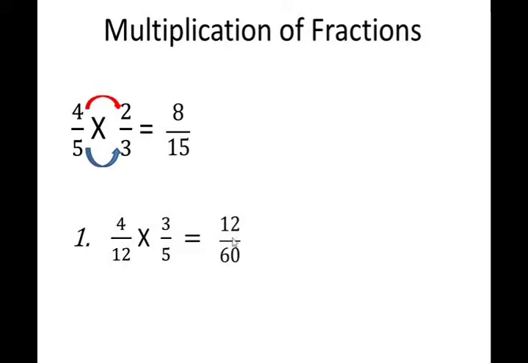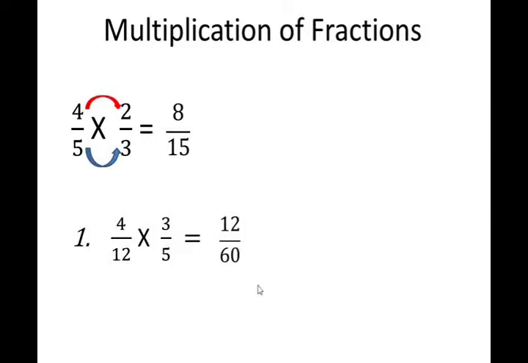Remember, when we simplify fractions, we are dividing by a common multiple. 12 and 60 can be divided by 3, by 4, by 6, and also by 12. This time I'm going to choose the highest multiple that can go into 12 and 60.